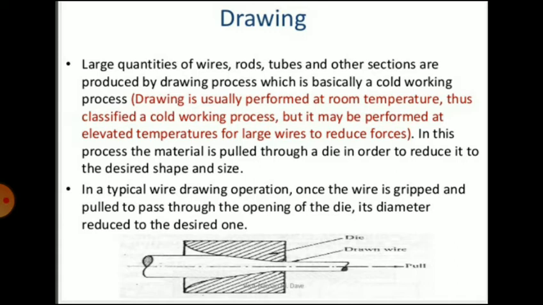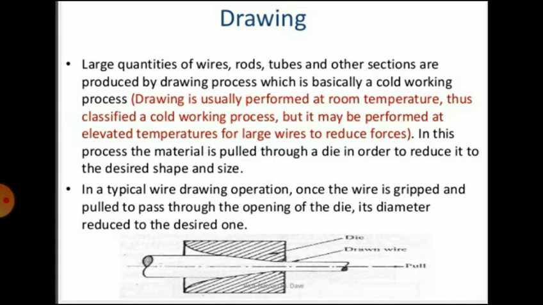In this process, the material is pulled through a die in order to reduce it to the desired shape and size. At the bottom, there is a die through which the material is pulled from one end, and the die is converging.